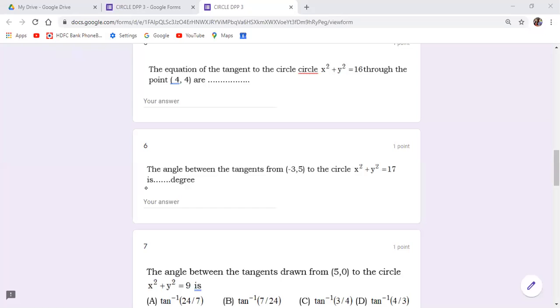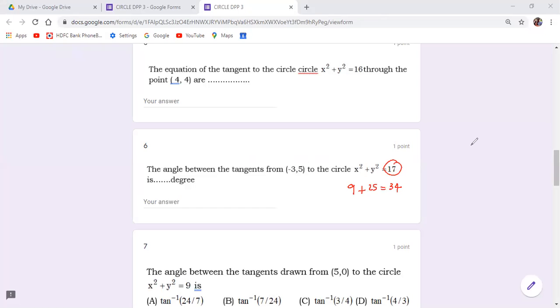Okay. Now we go to the angle between the tangents. We have two methods to do the problem. I'm going to teach you a shortcut method as well as a direct method. One shortcut method I'll tell you: substitute this point in the equation, 9 plus 25. If you get double of a square, it means the tangents are perpendicular.